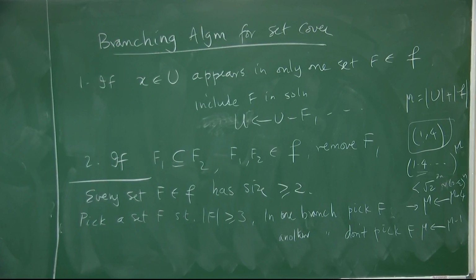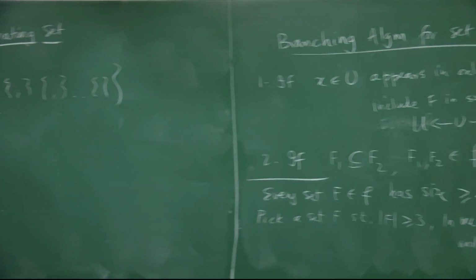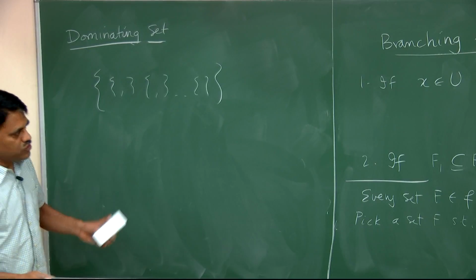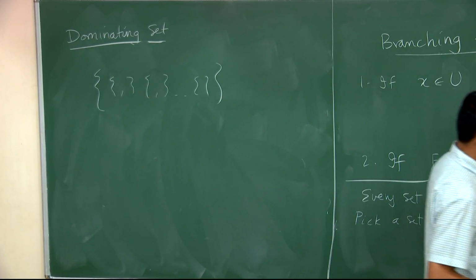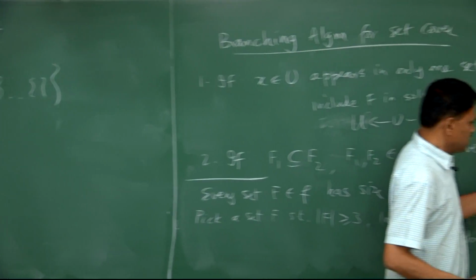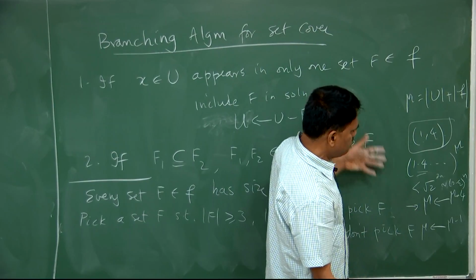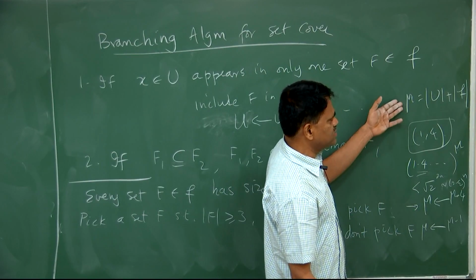So if every set has size 2, let's see what happens if I do the same kind of branching. If F is at least 3, I use it and I get a 1-4 branch. So write down a recurrence in terms of mu.